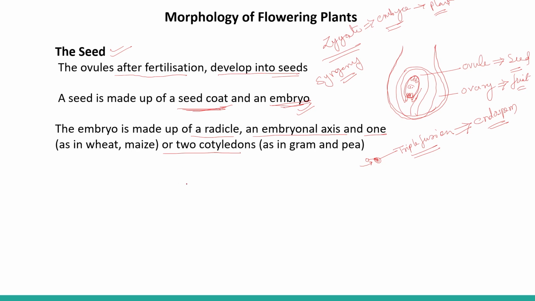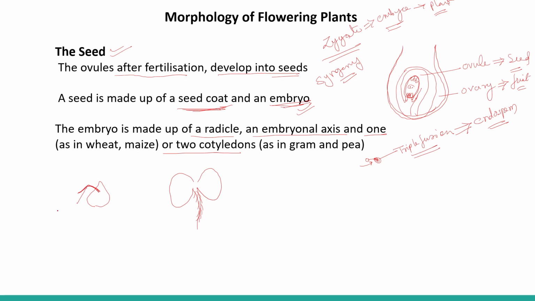So what we see, if we draw a dicotyledonous seed at the time of germination, here is the radicle part. Sometimes we make sprouts: we soak some gram overnight, and next morning we see a white tail-like or hair-like structure come out.